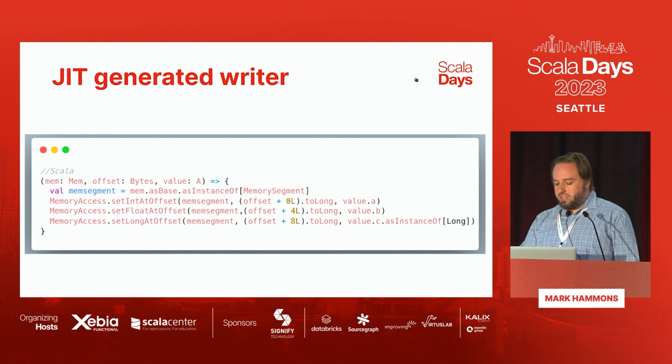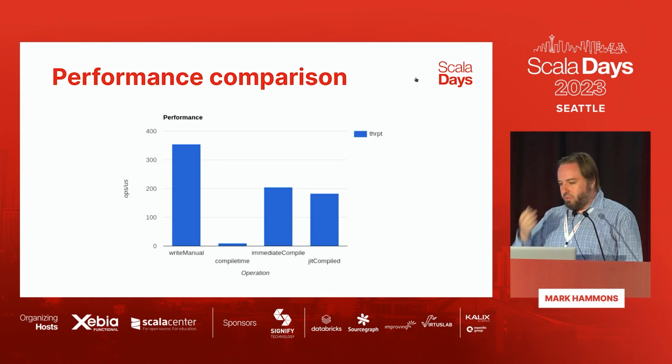So how does it do compared to the compile time code? Well, it's about 20-30 times faster than the compile time code. It's not quite at the level of the manually written code, but that's because there are harnesses I've put in place that have to be optimized, and I'm sure that I can optimize them further to get them closer.